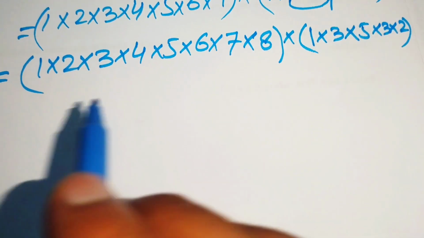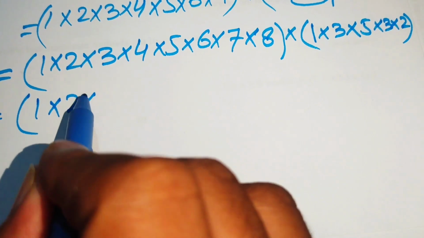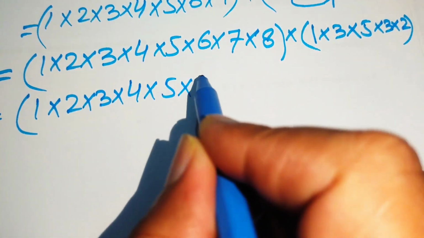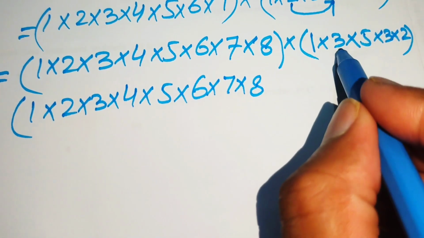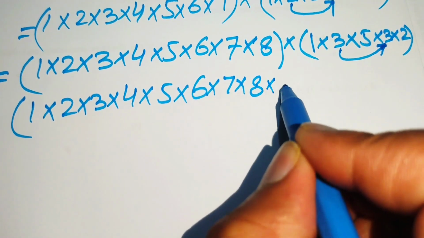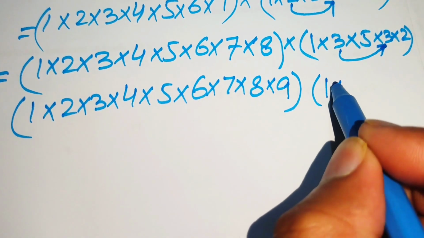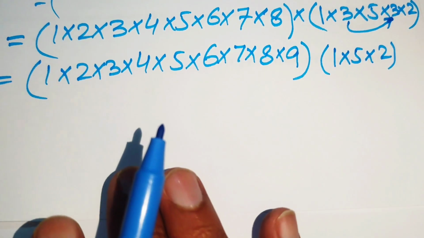After that, we again write this expression as 1 times 2 times 3 times 4 5 6 7 and 8. Here we multiply this 3 by this 3, so we get 3 times 3 is 9, and we write it here, and the remaining terms are 1 times 5 times 2.